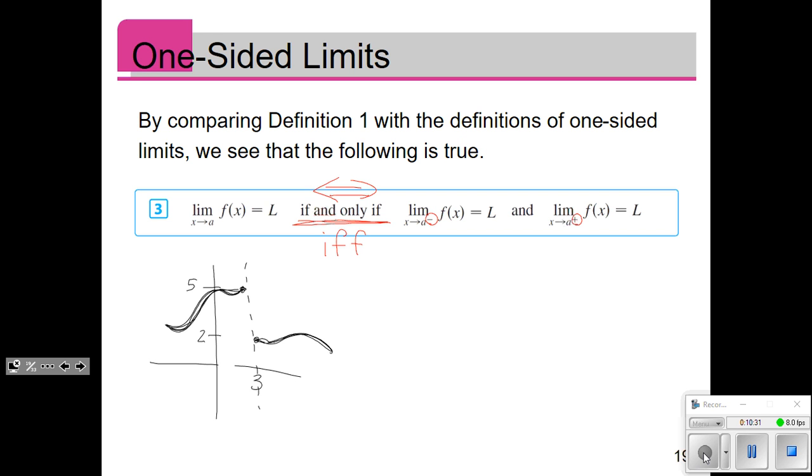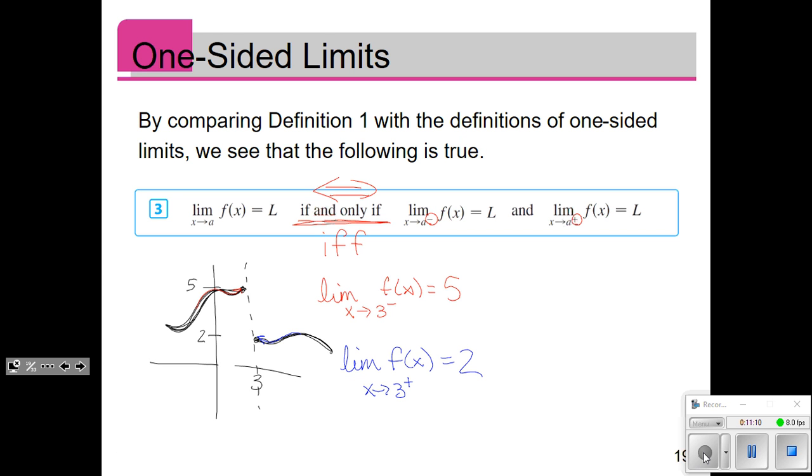What's the limit of f of x as x approaches 3 from the left? 5. That's what it's getting close to, right? Down here, the limit of f of x as x approaches 3 from the right is what? It's 2. So this side I'm approaching 2. This side I'm approaching 5.